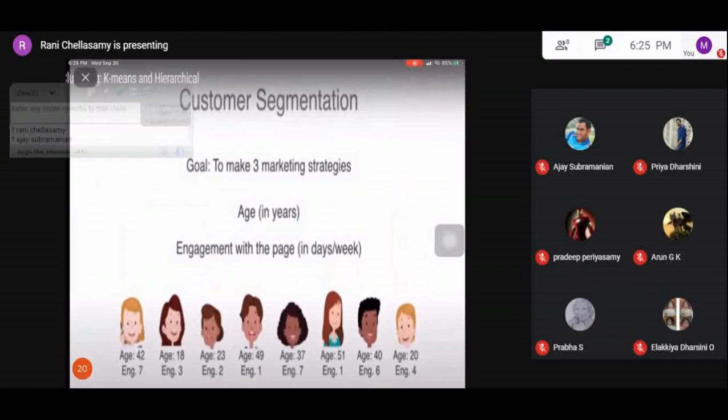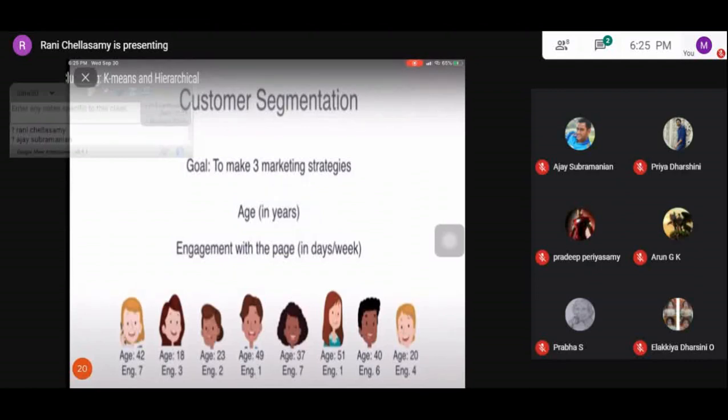The input provided is age in years and engagement with the page in days per week. You are given input data of 8 people with their ages and their engagements. The goal is to cluster, that is, to form groups based on their ages and engagement. Then you have to observe the input given.